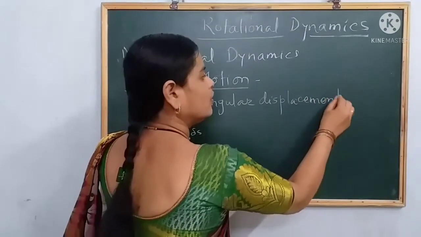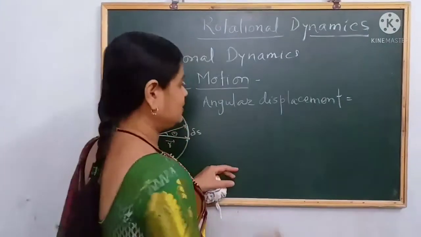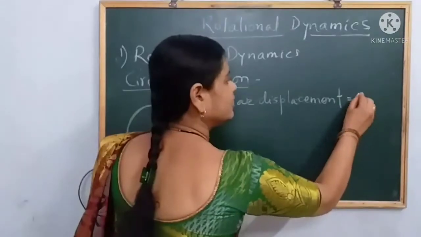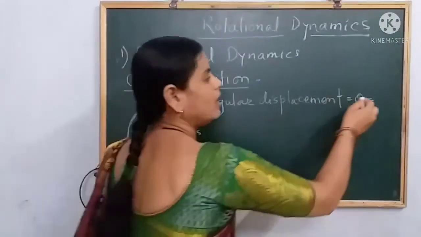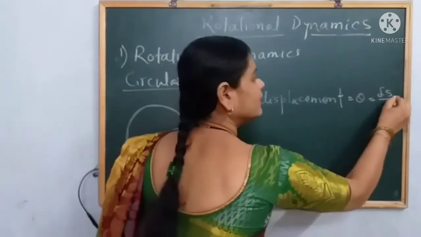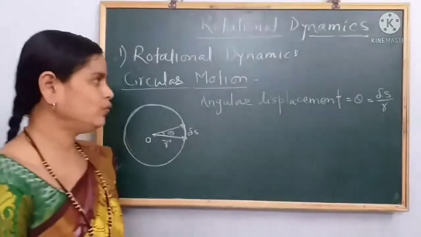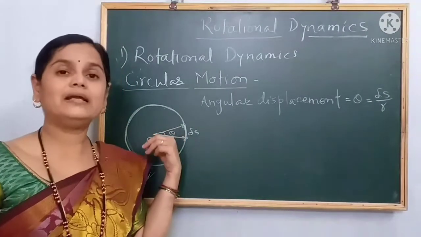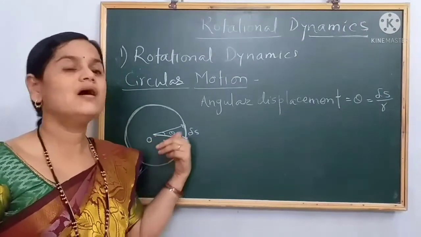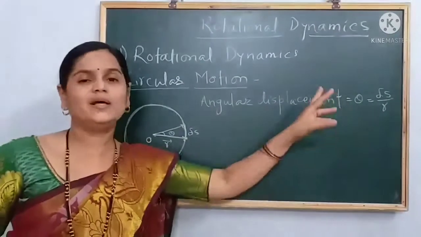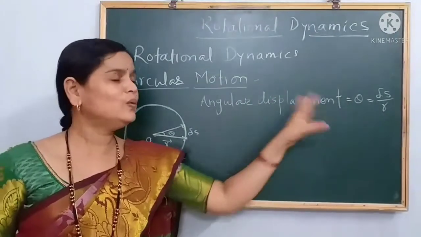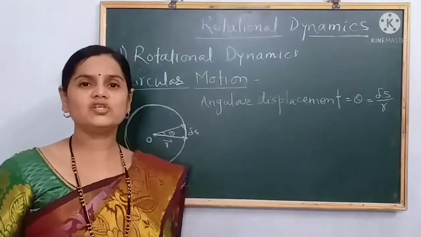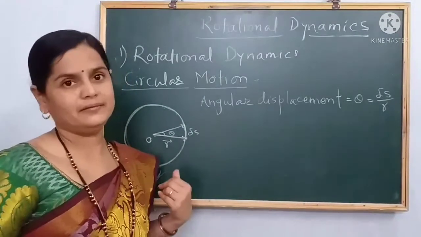We know that this angular displacement, denoted by theta, is equal to arc divided by radius. So we can define it as the angle traced or subtended at the center of the circle by an arc with the radius vector, that is nothing but the angular displacement. It is measured in radian.